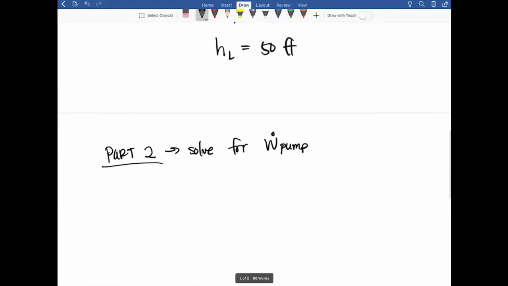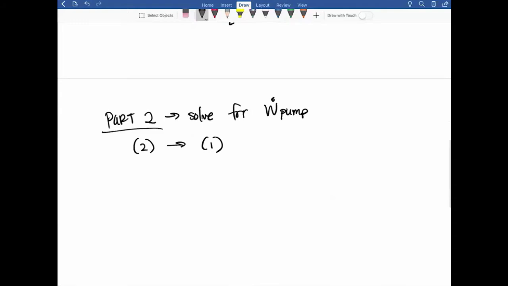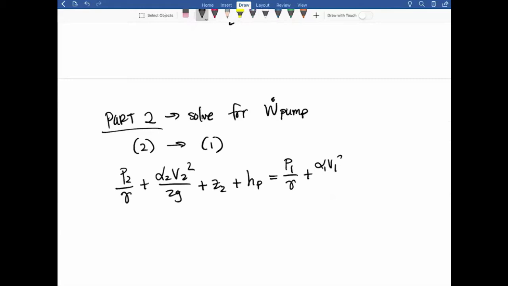And in this case, we are going now from 2 to 1. So we have to set up our equation again. P2 over gamma plus alpha 2 V2 squared over 2g plus Z2, now we have a pump, equals P1 over gamma plus alpha 1 V1 squared over 2g plus Z1 plus our loss plus, and we do not have a turbine, so that goes away.